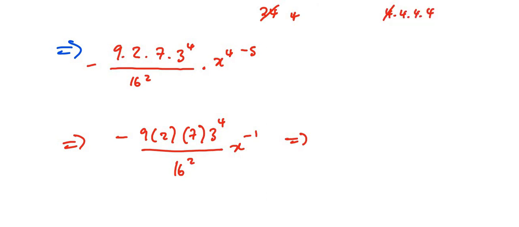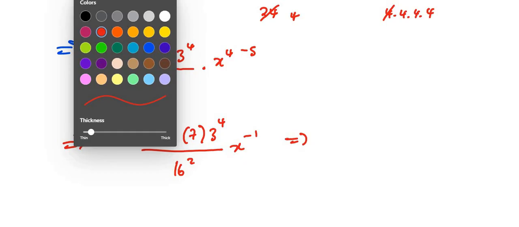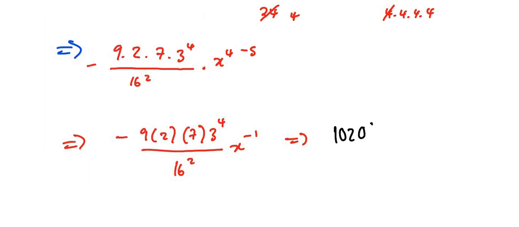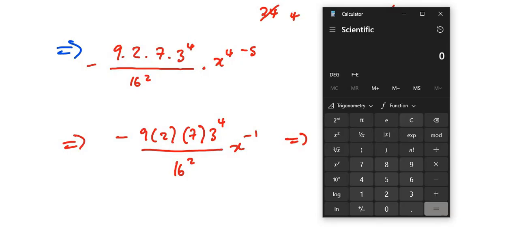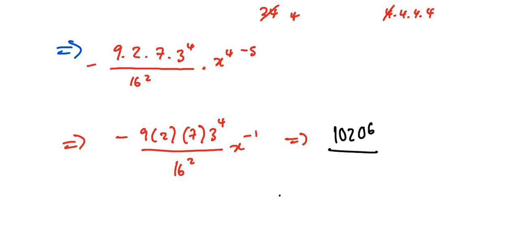Okay, so that's the 10,206. Then down, I'm having a 16 squared, 256. Okay, so leave it at that. This is what you basically get.